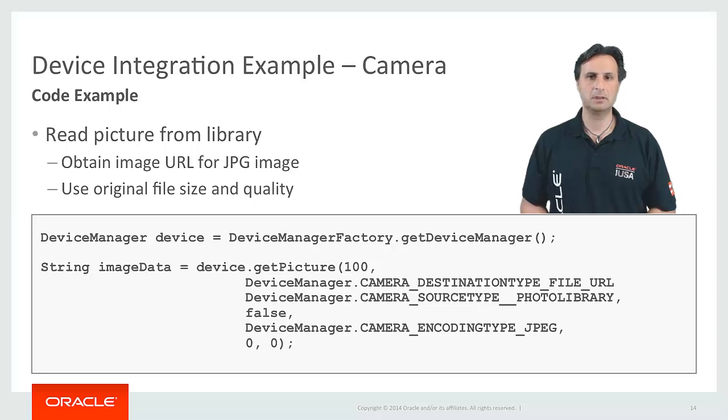And for the size and the quality, when I specify 0 for that, so if I put the last arguments as 0, then it will use the image properties as they are, the original size and quality.